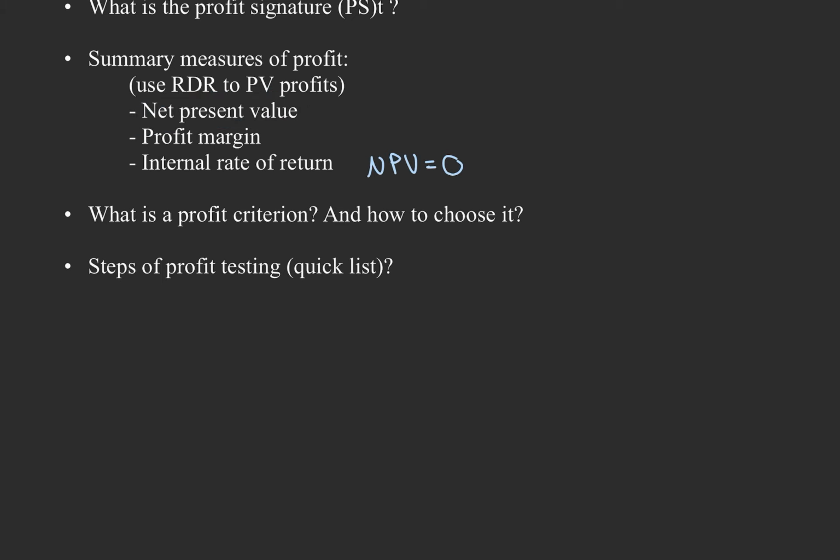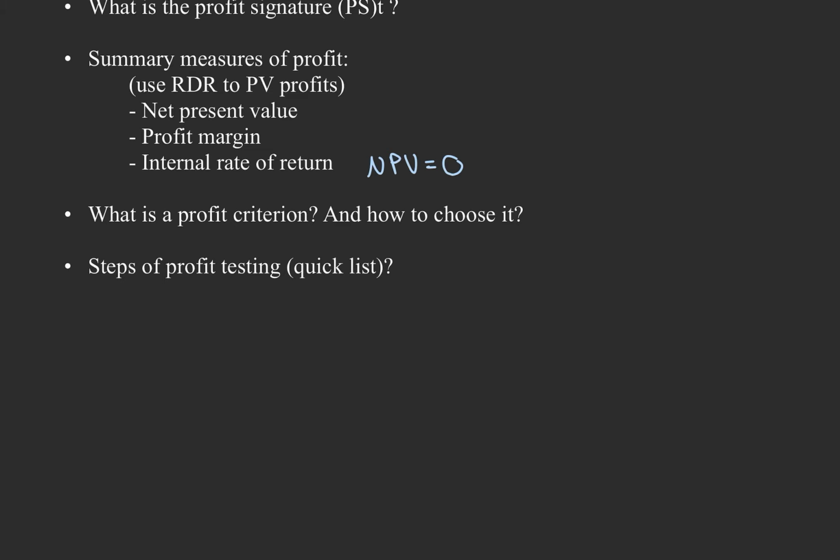Now, if I swap that risk discount rate out for the internal rate of return, then the internal rate of return would be the interest rate at which my net present value equals 0. Okay, so you might need to do linear interpolation for this question in order to calculate that. All right, but that should be known from financial mathematics, and I'm going to assume if you're doing contingencies, you would have done financial maths and you'll know how to do that.